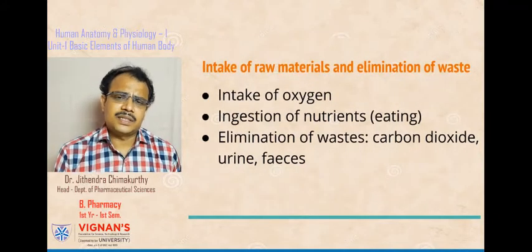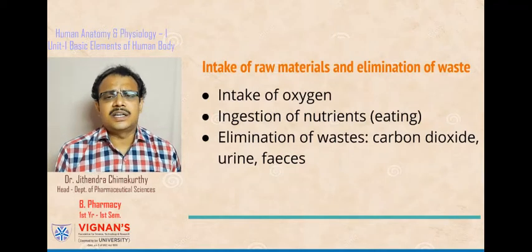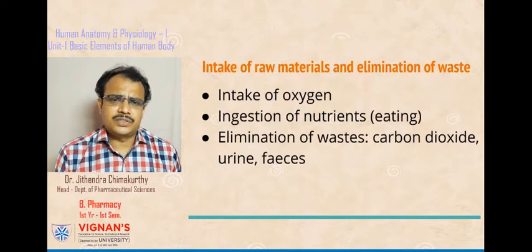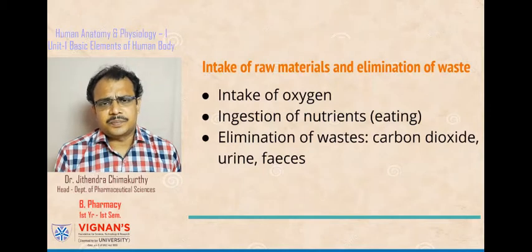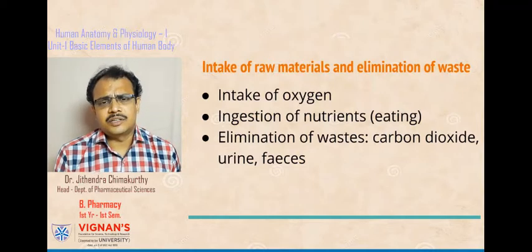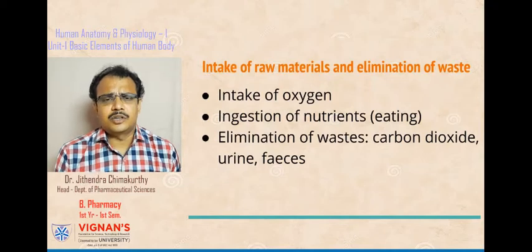The second basic life process is intake of raw materials and elimination of the waste. So, the body requires energy, and this energy is supplied by the nutrients which are present in the food that is taken by the body.